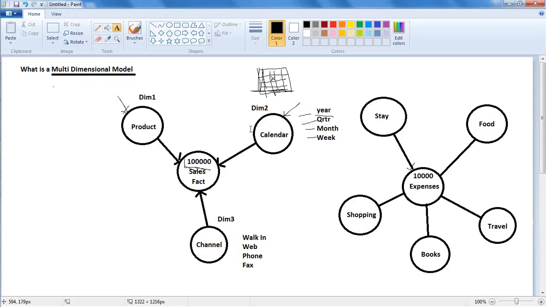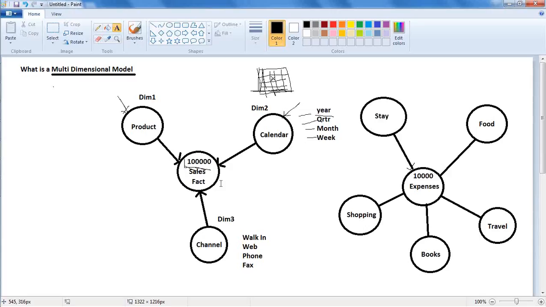So the same information is looked at from different dimensions. We call that a multi-dimensional model. In a multi-dimensional model, we are talking about a combination of fact and dimension. Remember, a multi-dimensional model is used for reporting only. What is the purpose of the multi-dimensional model? Reporting only.